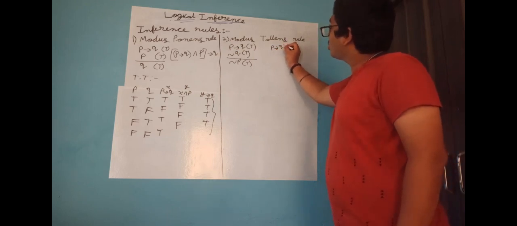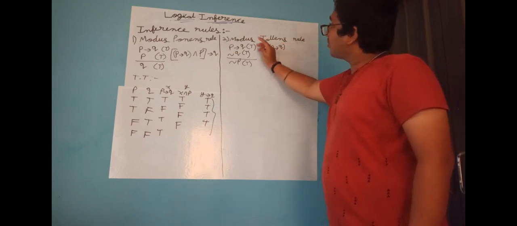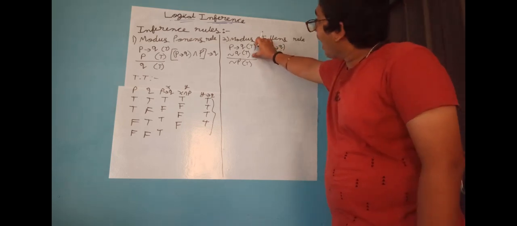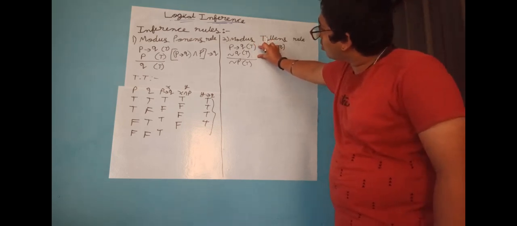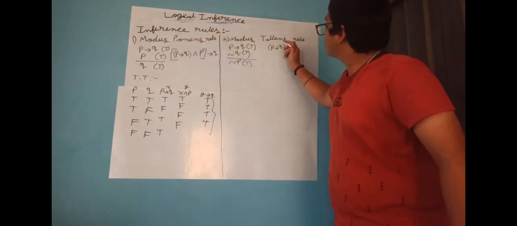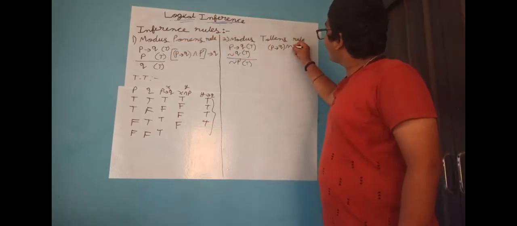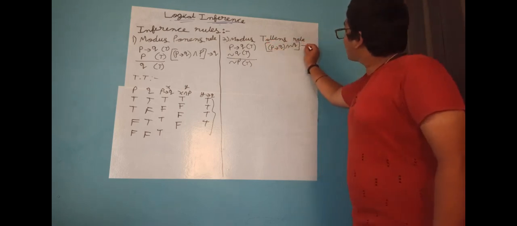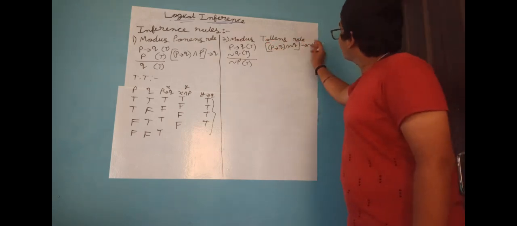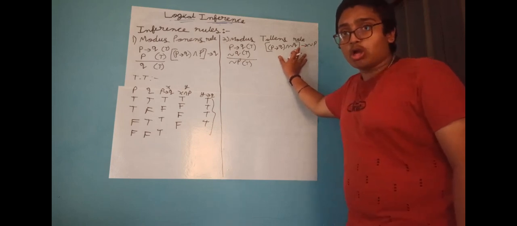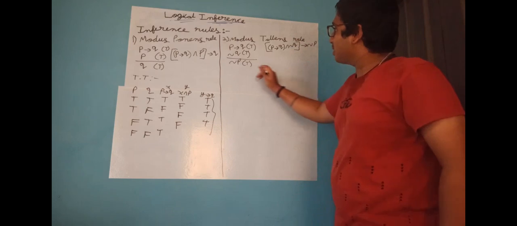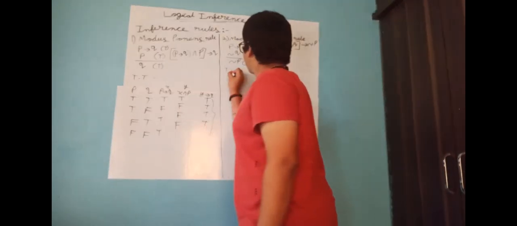P implication Q conjunction negation Q, implication negation P. Remember, this complete one is called an argument, and above the line these two are said to be premises. If this complete thing becomes a tautology, then the modus tollens rule will be verified. Let us see by truth table.